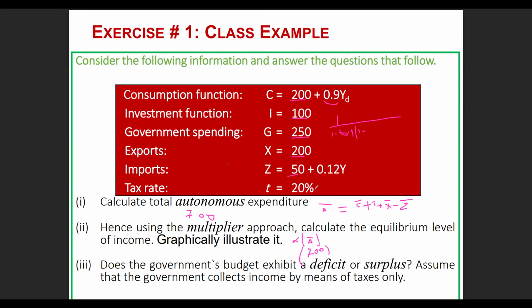So if you say 20 divided by 100, you get 0.2. Then you have 0.2 plus your marginal propensity to import. So marginal propensity to import is this one, right? Because we know that this formula says Z bar autonomous plus M Y, right? So this is the M. So it's 0.12.